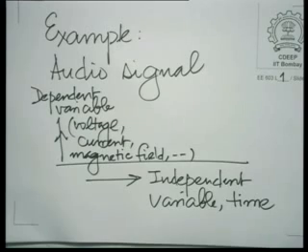It depends on the nature of the recording, isn't it? Now, most of the signals, in fact, that we deal with in real life have a continuous independent variable and a continuous dependent variable.